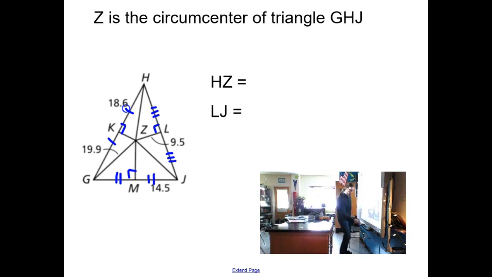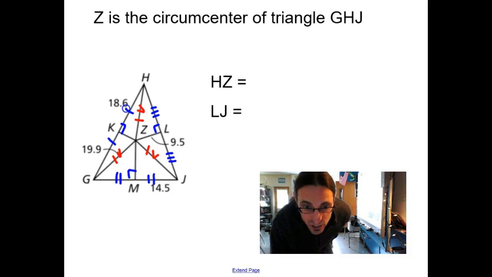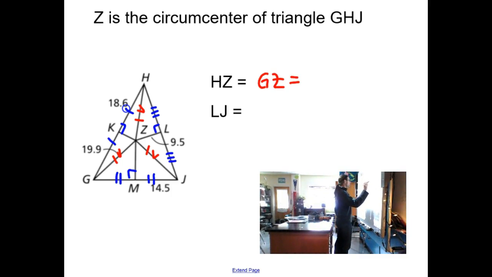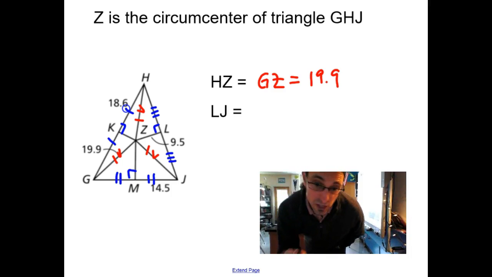The second thing it tells you, I'm going to use the symbol, and I'm going to do it in red, is these segments are all also the same. So when it says, what's the measure of HZ? Well, it's the same as the measure of GZ, which means it's just 19.9. See, there's no math, but there's some geometry, and I guess geometry is math.